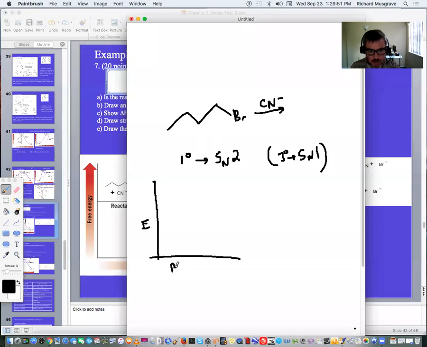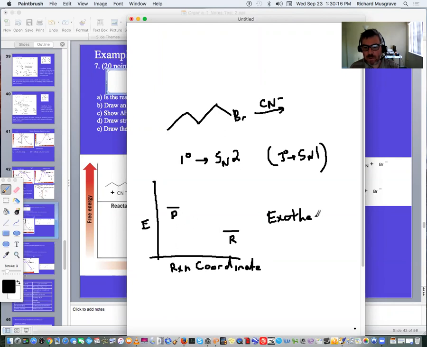I'll put reaction coordinate or reaction pathway down here. You can do either, it doesn't really matter. But if it's exothermic, I have to draw the product up here and the reactants down below. All right, that would be exothermic.